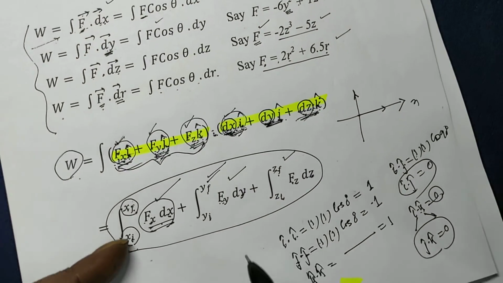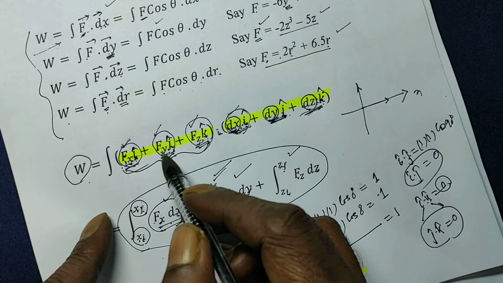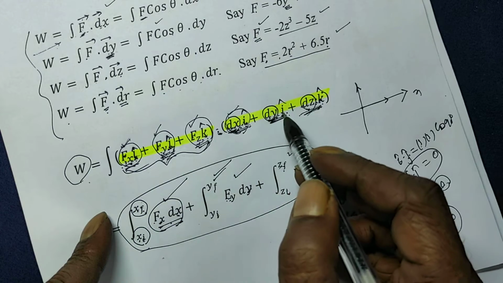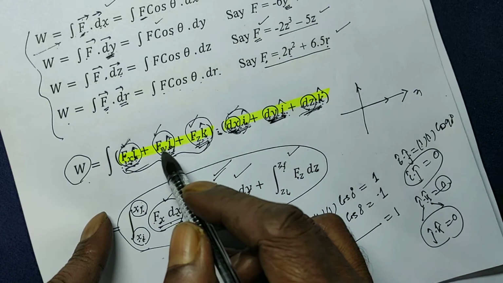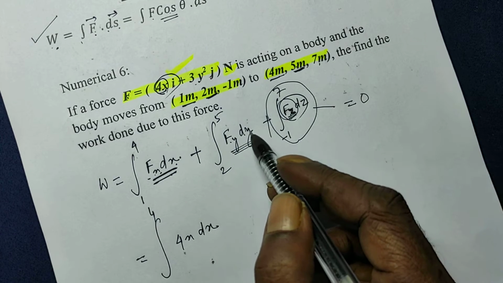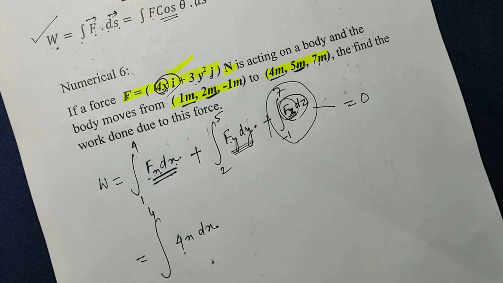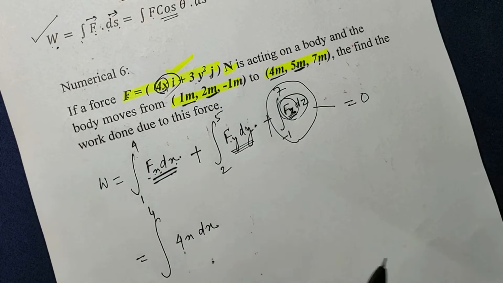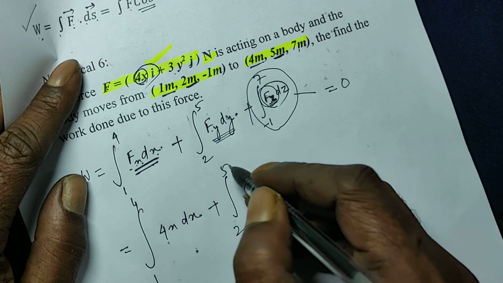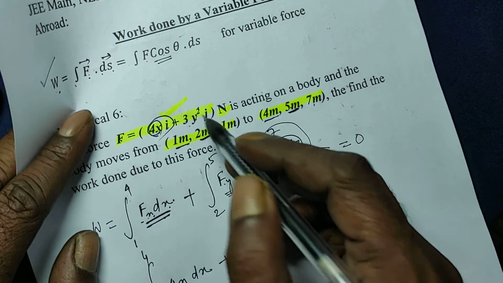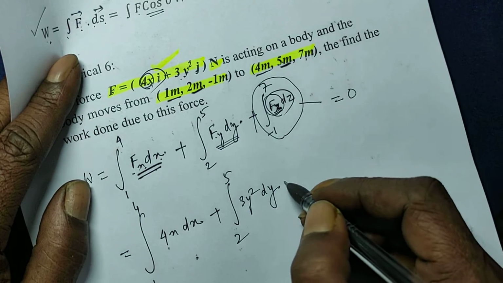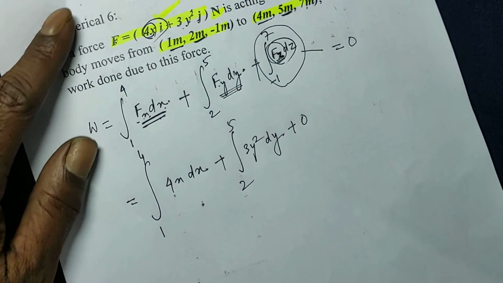This is what I explained before. If you take the dot product of Fy j cap with dy j cap, j dot j is 1, so we are just left with Fy dy. There is no j cap here. The dot product is already taken. So plus from 2 to 5, and Fy is equal to 3y square, 3y square dy. That's all. And this part is equal to 0. That is what I explained.